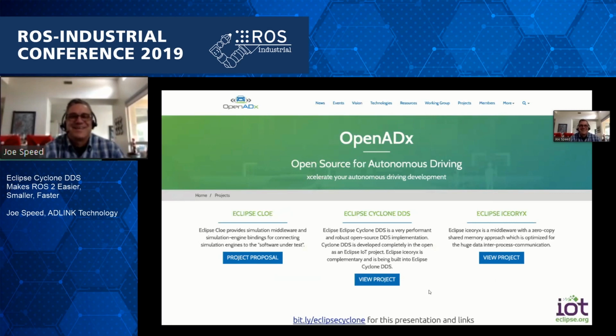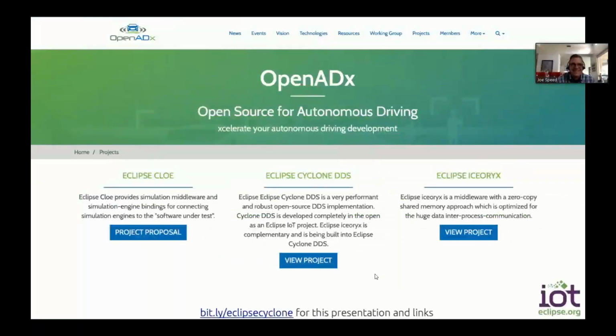Other things at the Eclipse Foundation: the Eclipse Open ADX, the Open Autonomous Driving working group. So you have these tools, these technologies. Eclipse Cyclone DDS and Eclipse Iceoryx are sister projects being integrated with one another. They'll be part of the Open ADX testbed for autonomous vehicles.